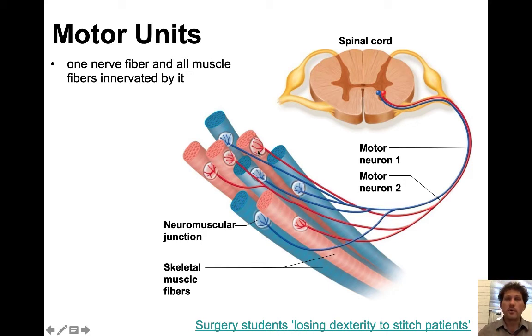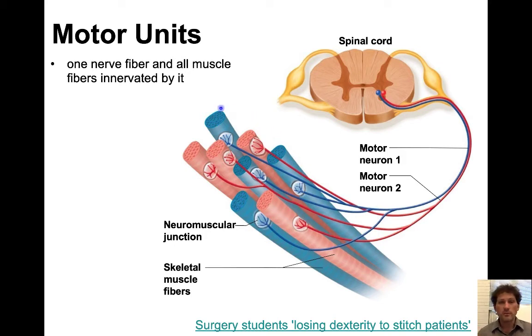If motor neuron 1 fires, only these blue muscle fibers fire. If motor neuron 2 fires, only these 4 red muscle fibers will contract. But if both motor neurons fire, then we have 8 muscle fibers contracting.